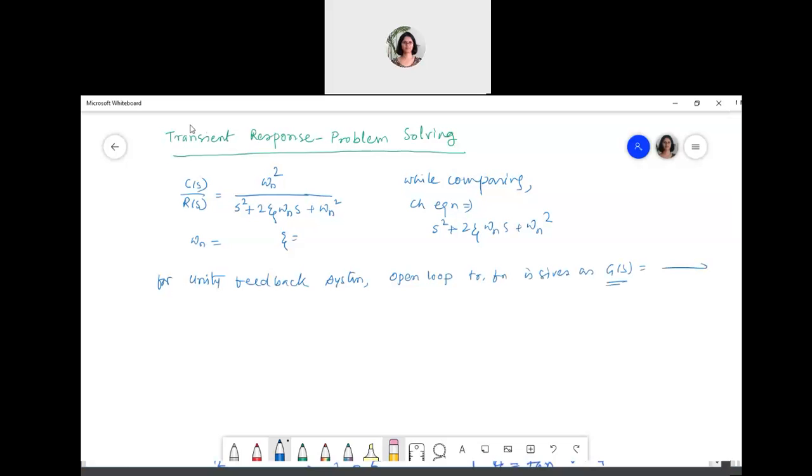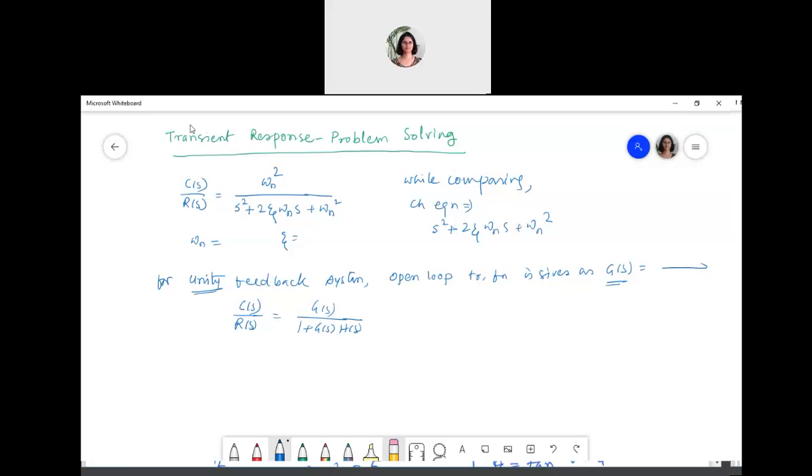When I say characteristic equation, this should come from the closed loop transfer function. So I need to first find C of s by R of s, which is equal to G of s by 1 plus G of s into H of s. If it is specified as a unity feedback system, then H of s is equal to 1. From this, I'll get the transfer function, then compare the denominator and calculate omega n and zeta.